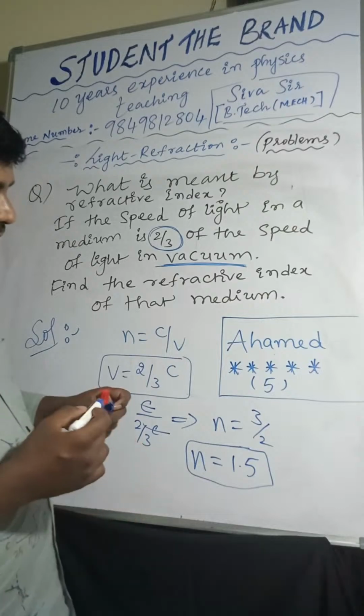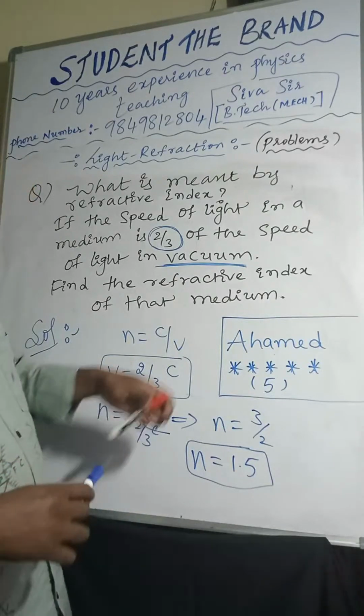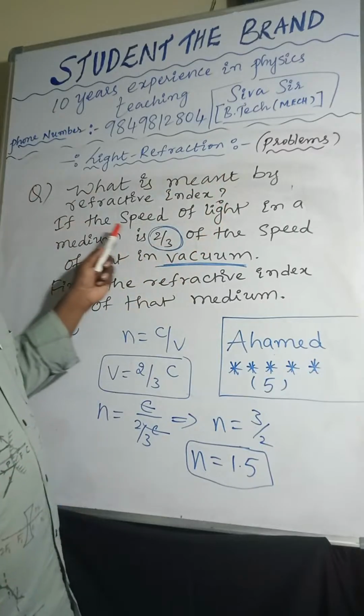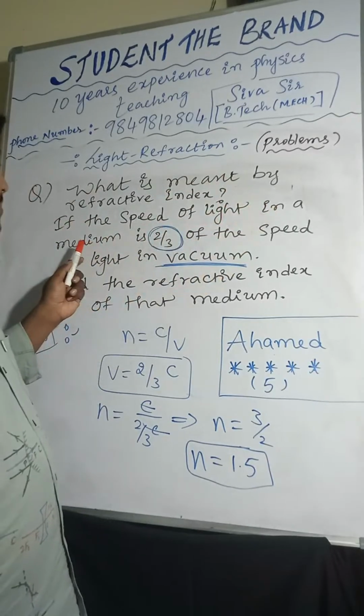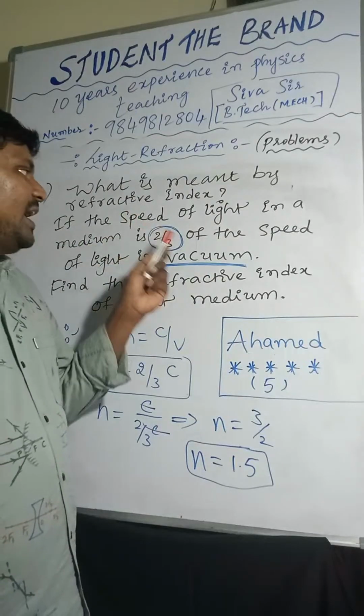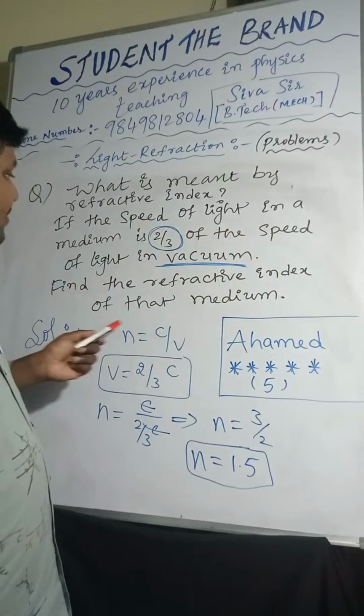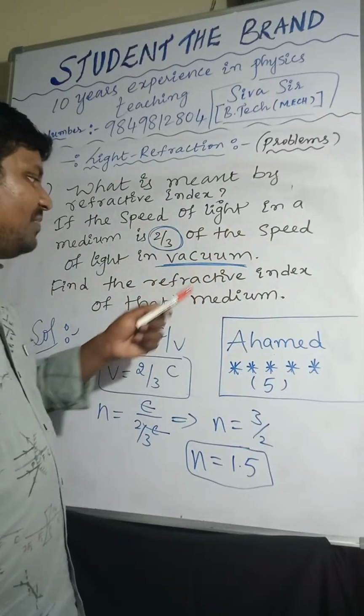So now we will see the question again. What is meant by refractive index? If the speed of light in a medium is 2 by 3 of the speed of light in vacuum, find the refractive index of that medium.